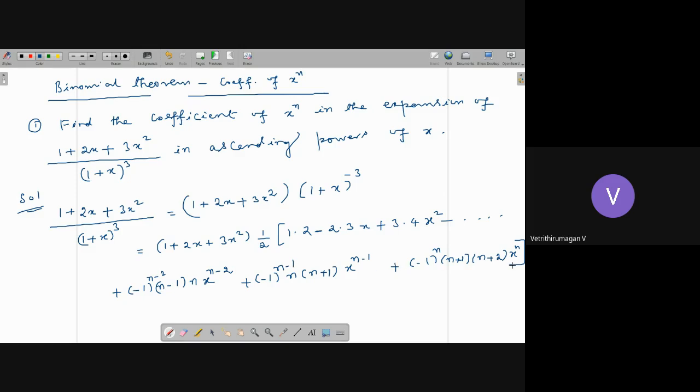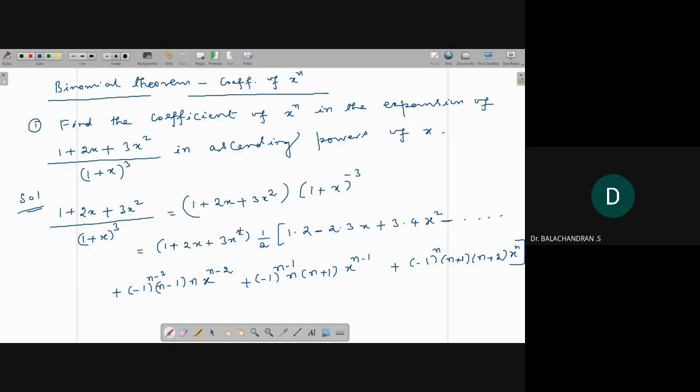Now I think this is minus, and so on, and then here plus. If you multiply 1 into the x power n term, you'll get what I need, the coefficient of x power n. Similarly, if I multiply 2x into x power n minus 1, I will get x power n.